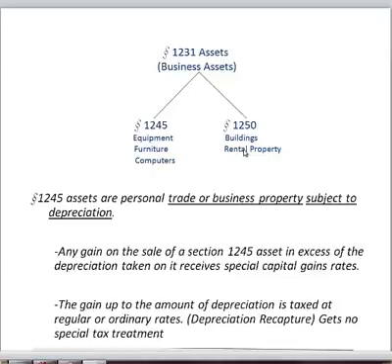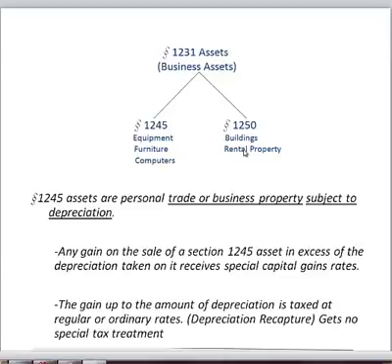So gains on depreciated property like Section 1245 and Section 1250 assets occur because every time an asset is depreciated, its basis gets lower and lower. So if there's a gain on Section 1245 or Section 1250 assets, some of it may have been due to the depreciation lowering the basis of the asset.